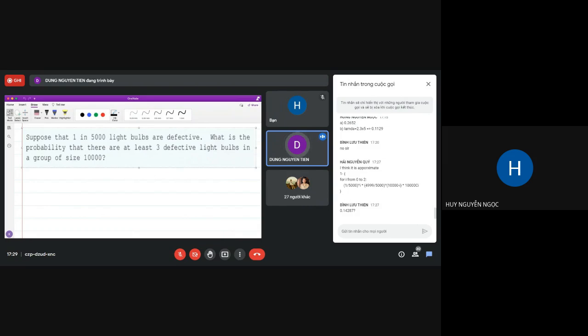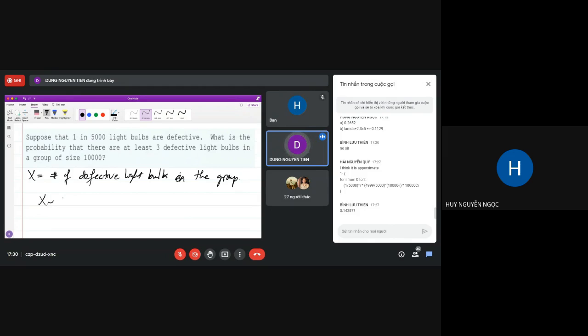Okay, we can start with this. Suppose that X is the number of defective light bulbs in the group.